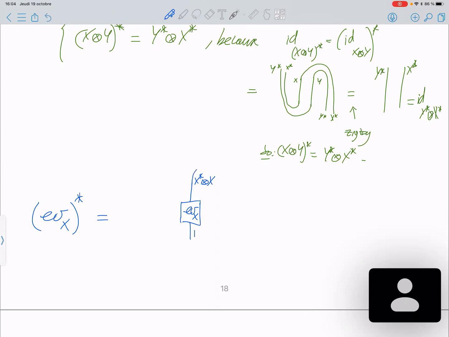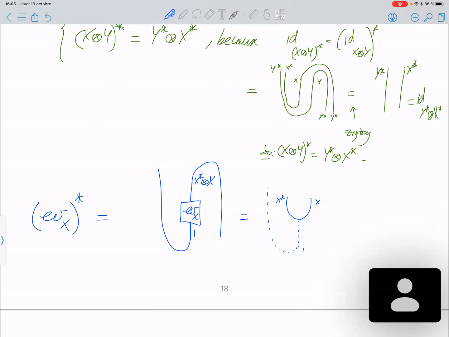Then you apply the dual. We know that the evaluation map can be written like that. You have X star, X here, and here, in fact, it is 1, but you don't draw it. This is a pictorial convention. So I put some dot to draw it from just here, but in fact you can forget about that.